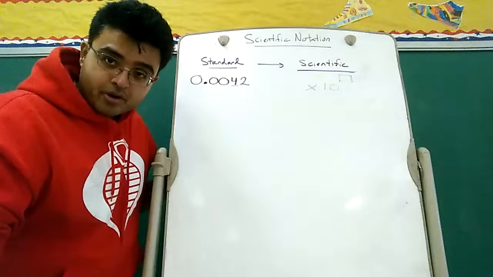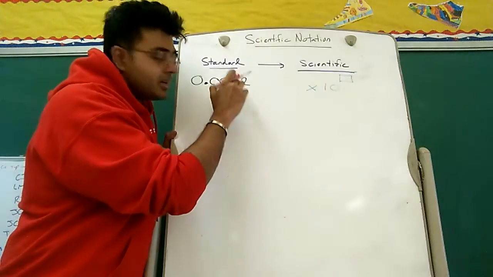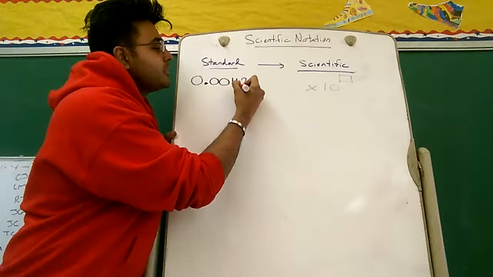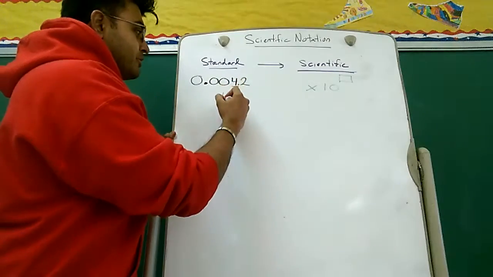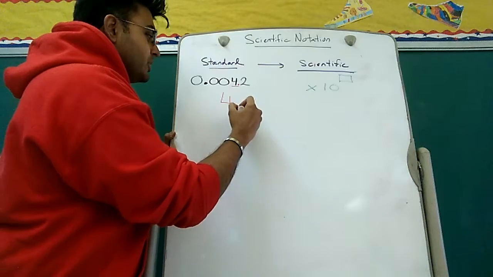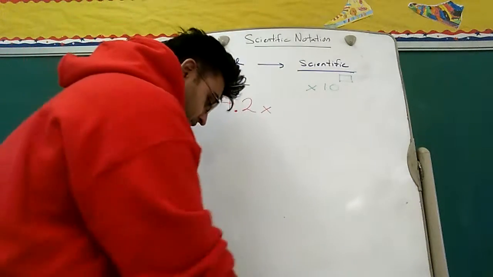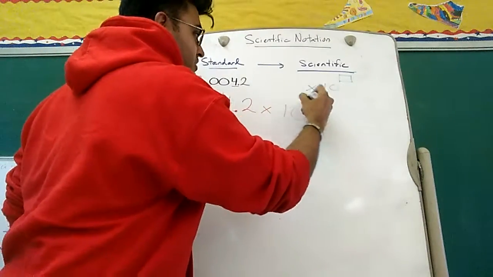And just like before, you underline the first number and the scientists put a decimal point right after the first number. And now I'm going to write everything down. We have 4.2 times 10 to the power of some number.